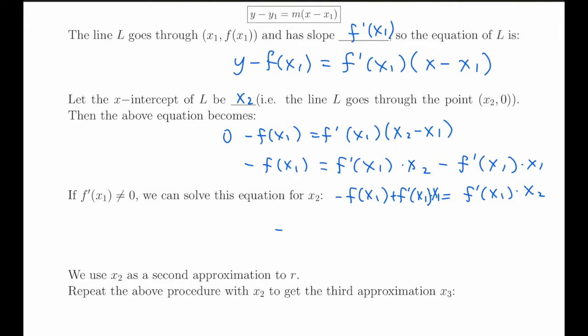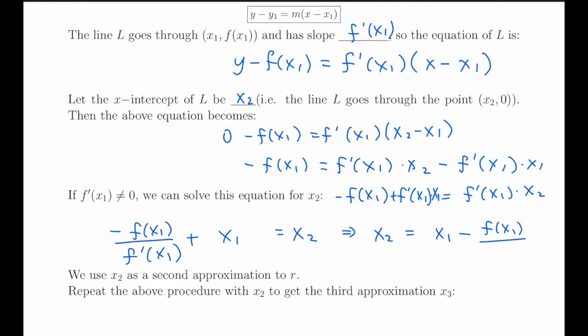When you do that, you get x2 on the right side and minus f of x1 divided by f prime of x1 plus just x1, because the f prime of x1s will cancel out when you divide. In other words, x2 is x1 minus f of x1 divided by f prime of x1.